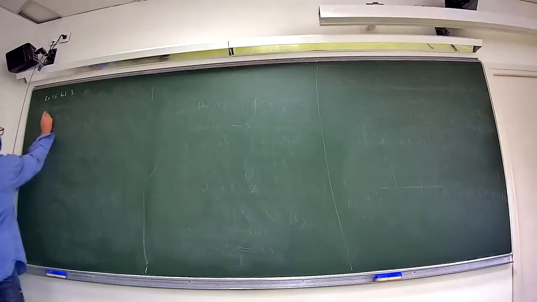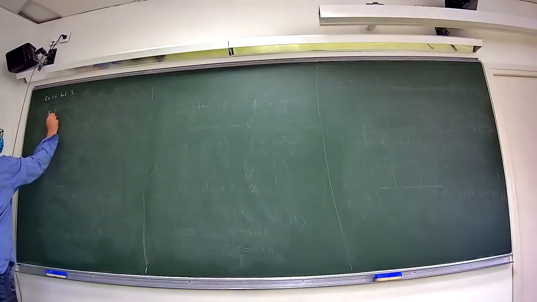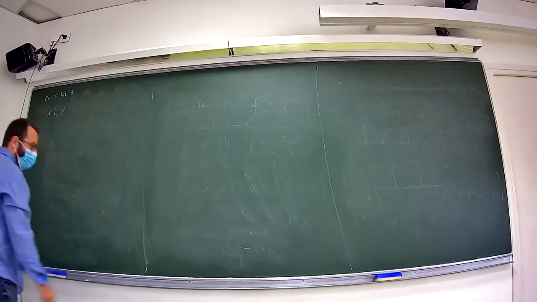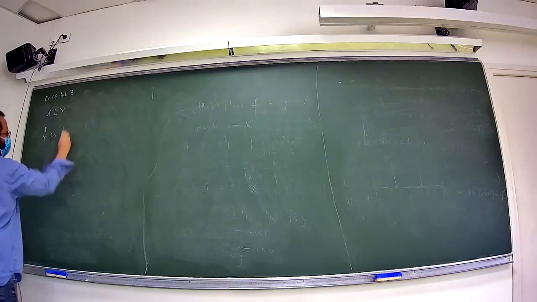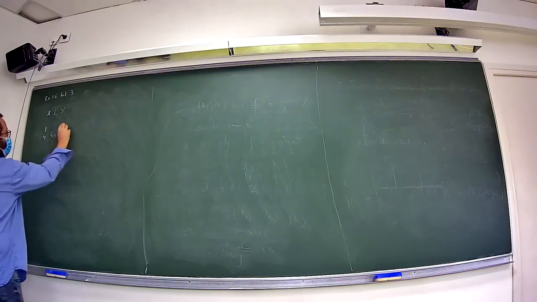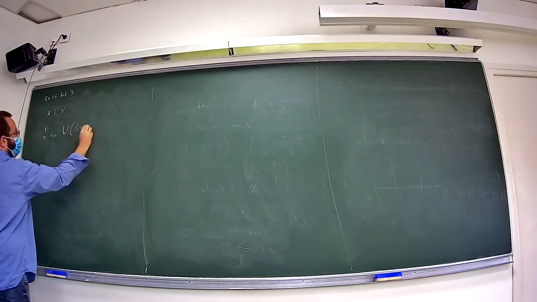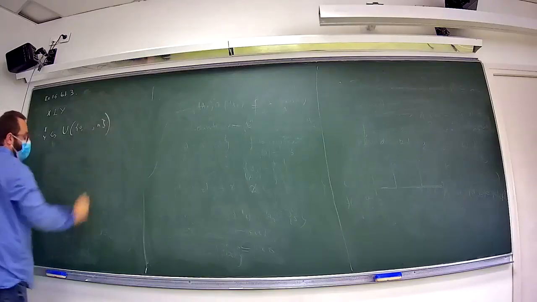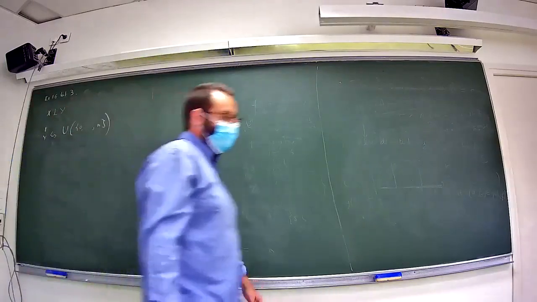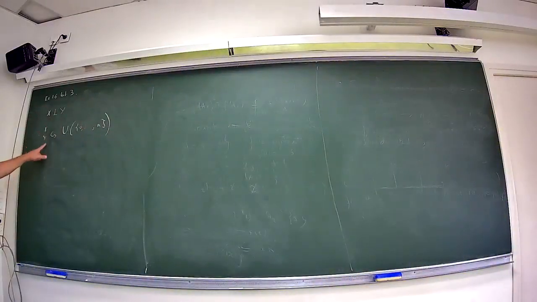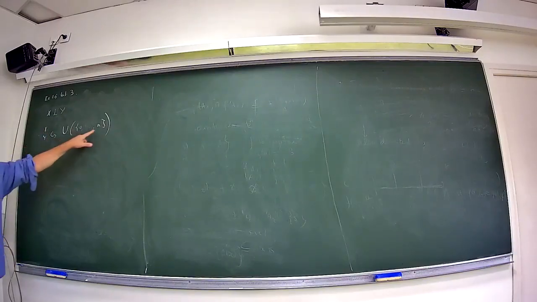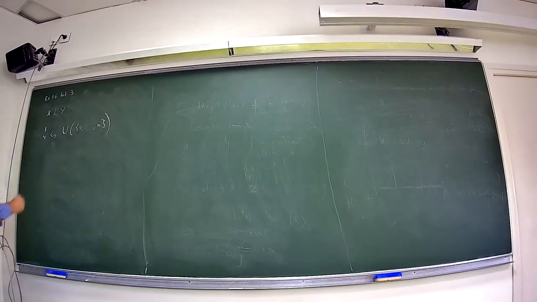So, using my notations, X and Y are independent random variables, and I suppose that X and Y follow a uniform on these finite sets. First of all, I know that the possible values for X and Y are in this set.